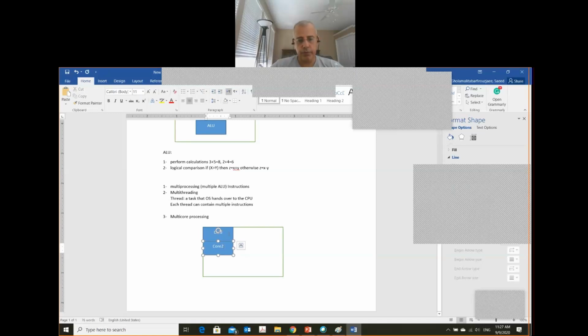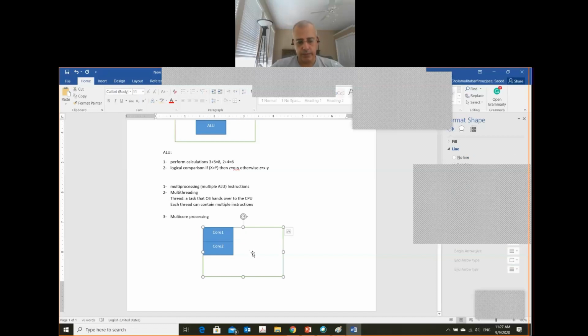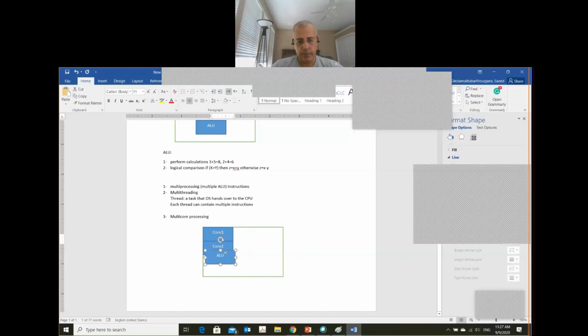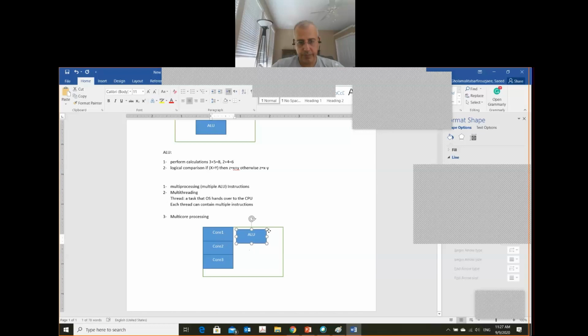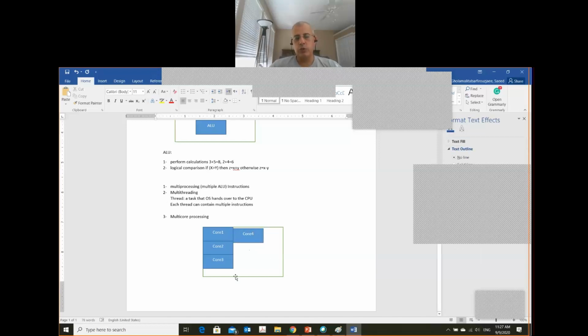Core 2, Core 1, Core 3, and Core 4. Here in this picture, we have a quad-core CPU.